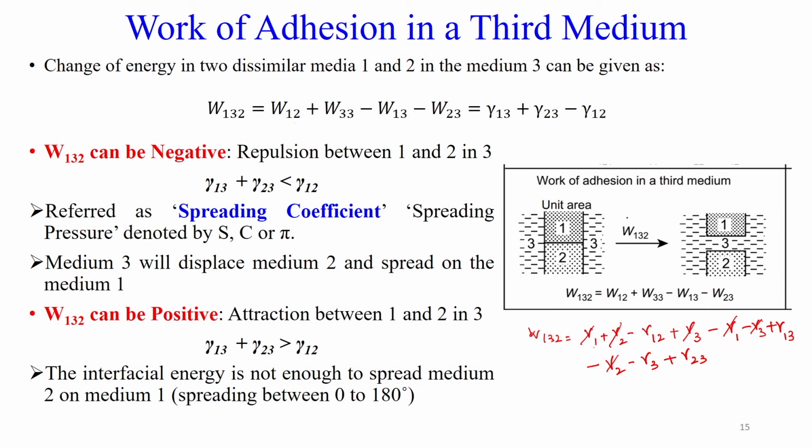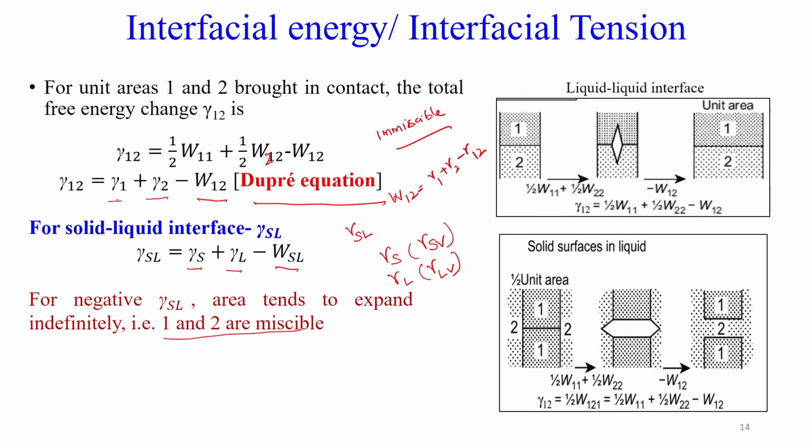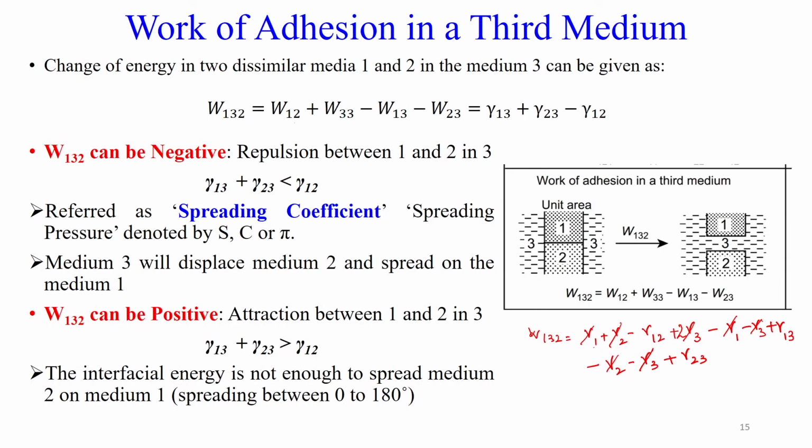What we are seeing here is the work of adhesion between 1 and 2, the work of cohesion between 3 and 3, and the interaction taking place with W13 and W23. If you go to the previous slide, it says W33 will be 2 times gamma 3. So, all will cancel out, and we will only be left with W132 equal to gamma 13 plus gamma 23 minus gamma 12.